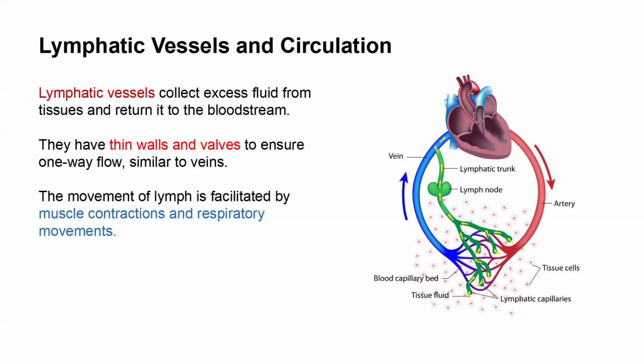As we can see, we have artery, vein, lymphatic trunk, lymph node, blood capillaries, tissue fluid, and lymphatic capillaries. These vessels are very important in returning fluid from tissues into the blood, and they ensure one-way fluid flow due to the presence of walls and valves.